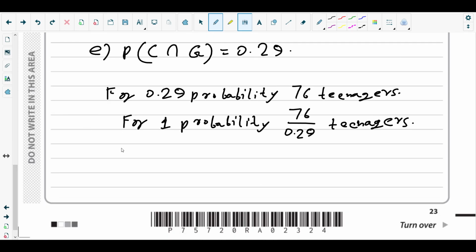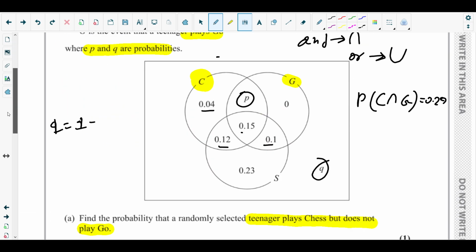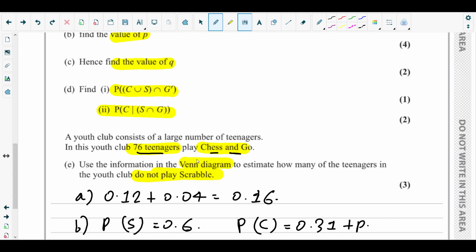So for 0.14 probability, or is it conditional? Use the information in the Venn diagram to estimate how many of the teenagers in the youth club do not play Scrabble.